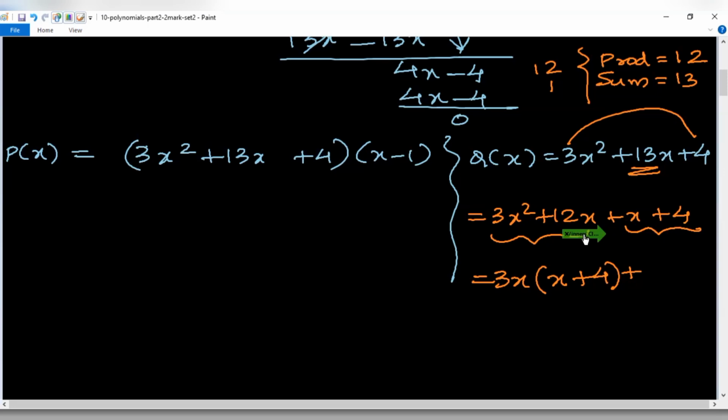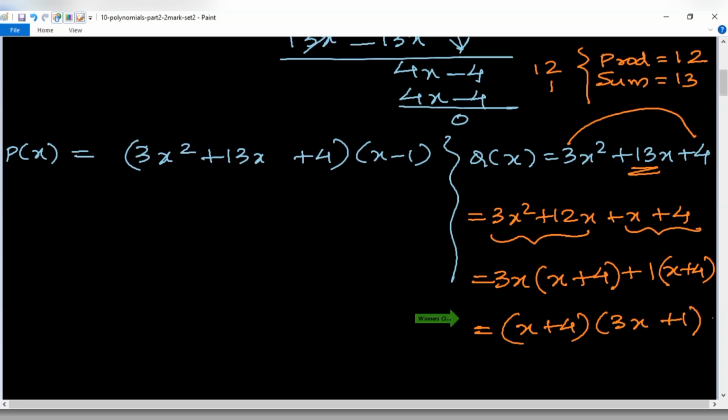For the next two terms, it is already x plus 4. So here also we have an x plus 4, so it is to be the common term. So we will put a 1 over here to make x plus 4 common, and when we take it out, we need a 1 here. So x plus 4 is common and the left terms 3x plus 1 is here.